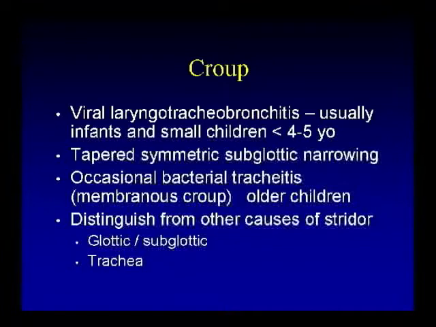It's generally in younger children, and it must be tapered and symmetric. There's an occasional condition called bacterial tracheitis, which is very uncommon in California and seems to be seen more in the Midwest where I did my fellowship. It's very important to distinguish it from other causes of stridor, because if it's a recurrent stridor or something unusual, you might have to investigate further to make sure it's something other than croup.